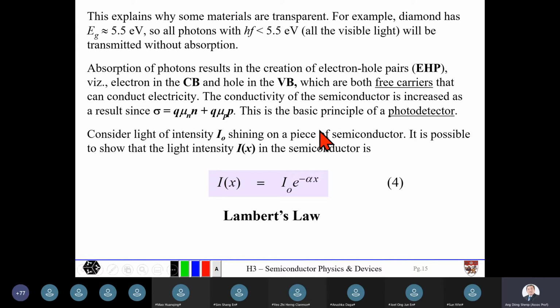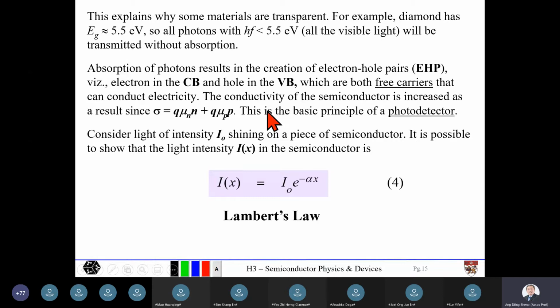Now, absorption in semiconductors results in the creation of electron-hole pairs. You know this very well. And because absorption creates mobile charges, electrons and holes are relatively free carriers inside a semiconductor, so they can be moved in a particular direction, and the movement will constitute a current flow.